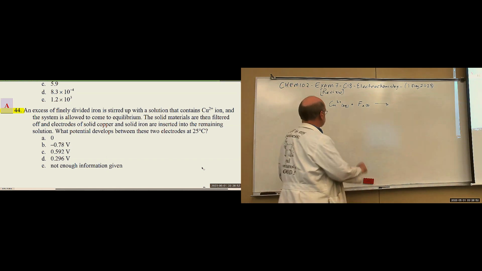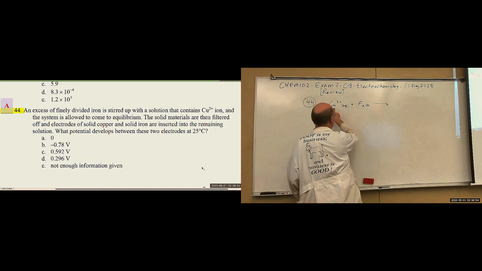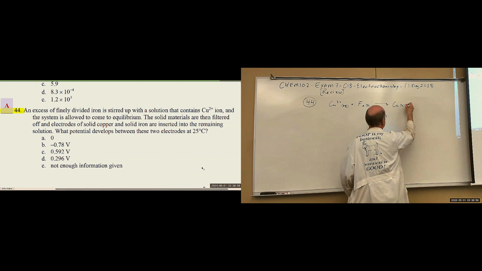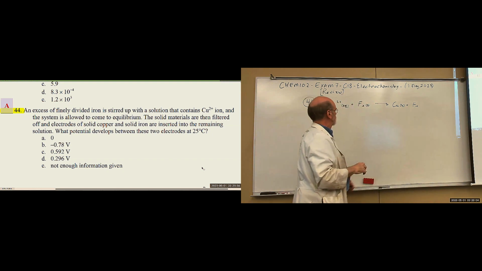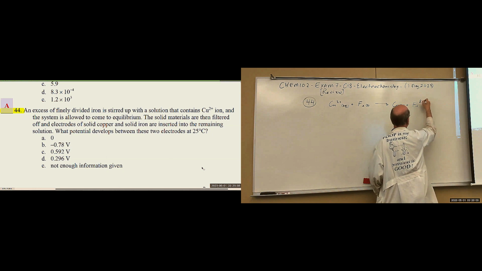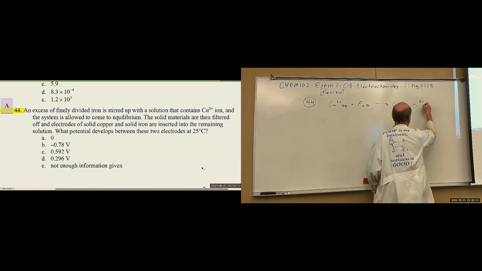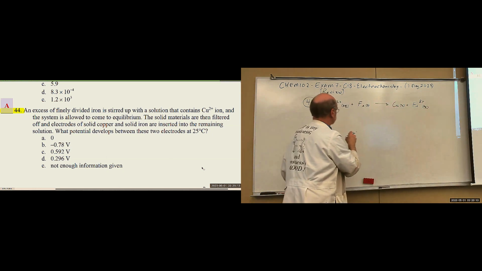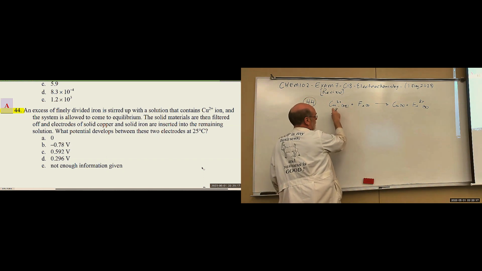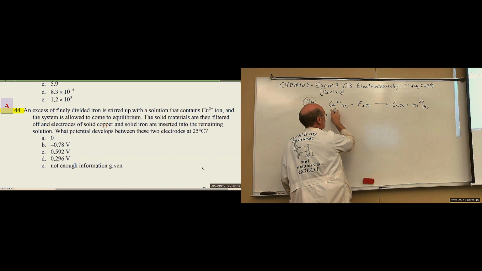So what could possibly be the reaction? Well, we could go from copper to copper solid, and then iron would be something, 2 plus or 3 plus. I'm not sure which. Let's say for convenience, 2 plus. That's probably what you would expect. Transfer electrons from iron to copper. Iron is a more active metal than copper, so that's probably what will happen.